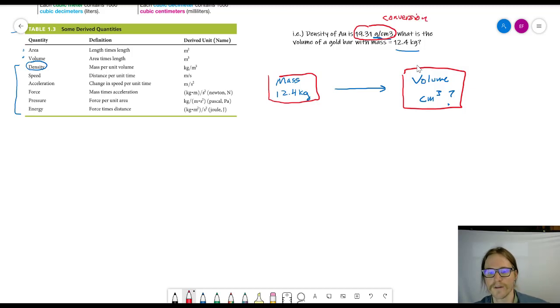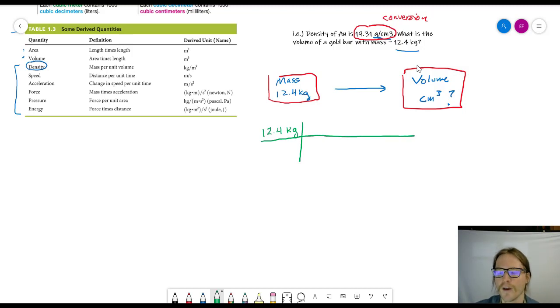Okay, so let's do this dimensionally, and let's just start with the known quantity that we have. So let's do 12.4 kilograms, and just as always, we're going to set it up in our dimensional table like this. We have this conversion factor here, but note that the units of this derived unit of this conversion factor is in grams per cubic centimeter, not in kilograms, which means we're going to have to do one additional step before we can use this density conversion factor, which is to convert kilograms to grams so that we can employ this conversion factor.